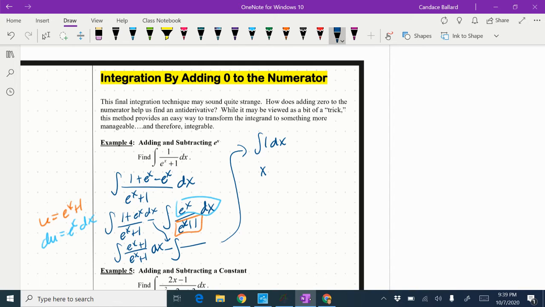We have u on the bottom, and for e to the x dx, I'm substituting in du, or 1 du. When I integrate 1 over u, I end up with the natural log of the absolute value of u plus c. And then I'm going to substitute in my u. So my u, when I substitute it in, is e to the x plus 1.